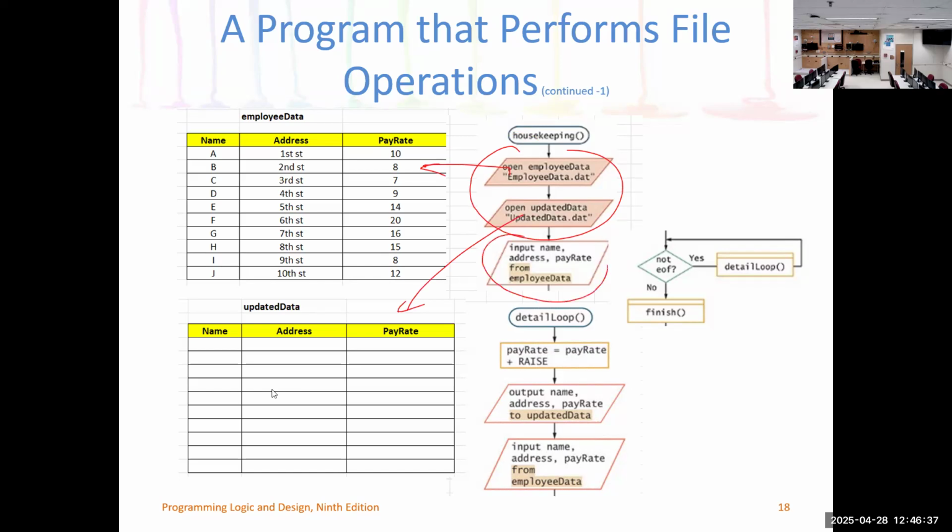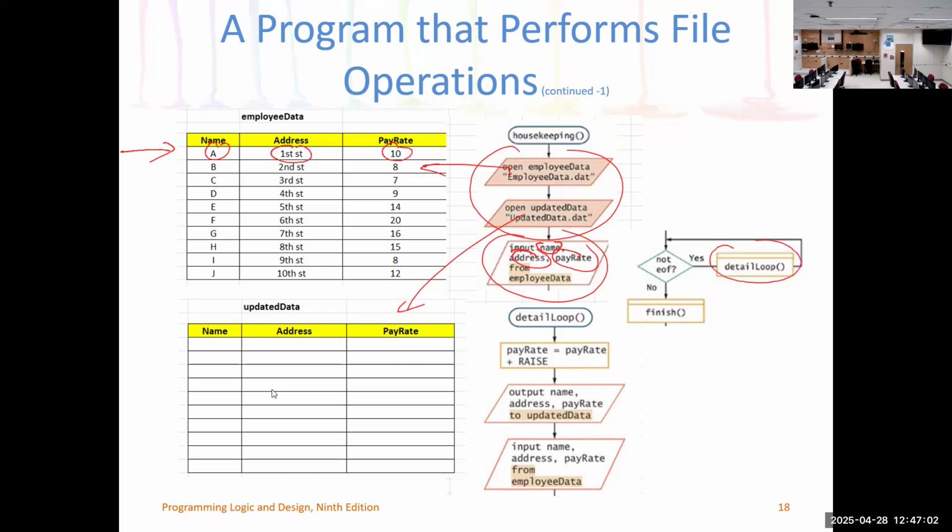Now, input here. That means I set it to the first record of the file. And I store name with A. I take out address with first street here, and I take out pay rate with number 10 here. That's all, right? I got it for the first time. Now I go to the loop. Is it end of the file here? No, right?